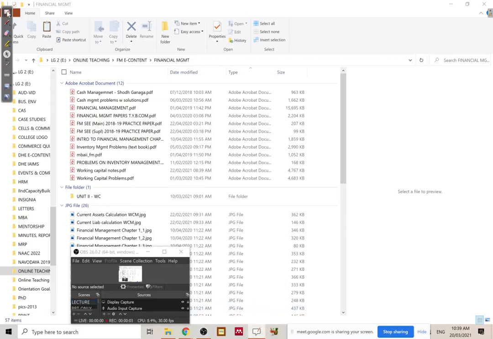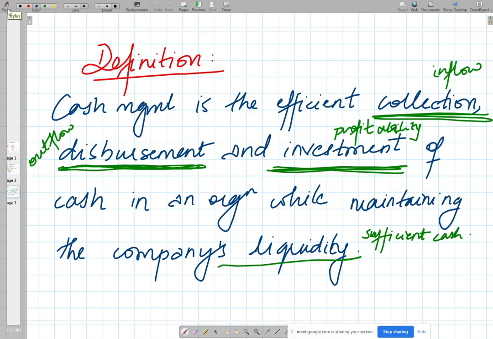Let us talk about the objectives of cash management. We have already seen the definition and we've highlighted certain major areas that become part of the whole cash management process, right? I told you at any point of time when a finance manager deals with the whole function of cash management, he has to look at three main important functions.